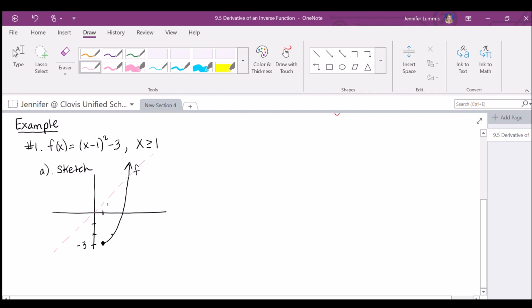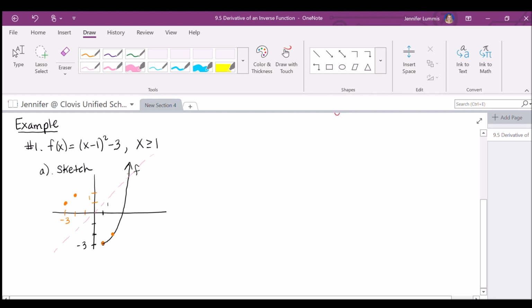So if we reflect over that, then we're reflecting all of the points, such as taking the point (1, -3) from my vertex of f, and inverting those values. So (1, -3) becomes (-3, 1). And I could do that with the next point, which was (2, -2). So that becomes (-2, 2).